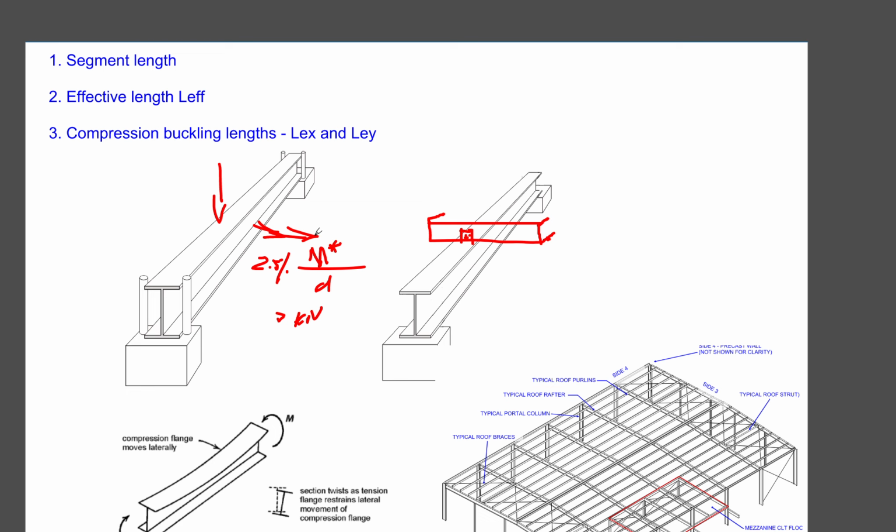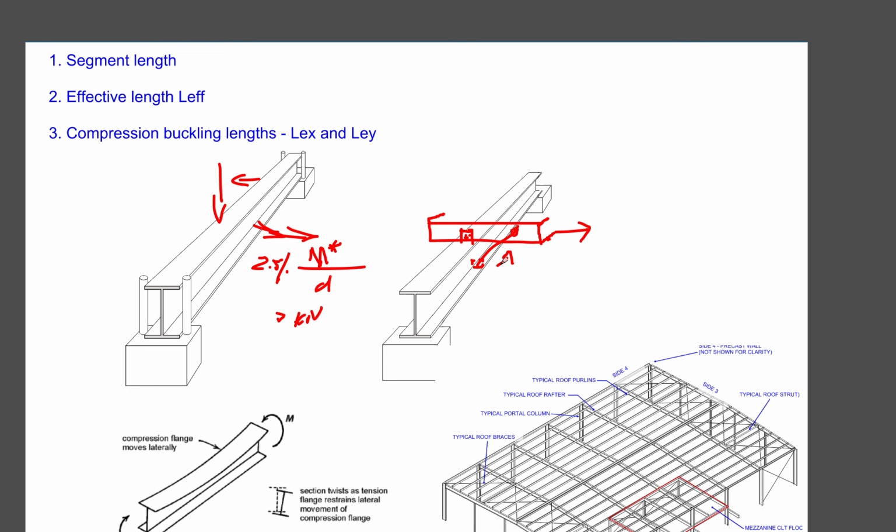This force is going to be resisted because there are coupling forces coming through the top flange and the bottom flange. The bottom flange is trying to go this way, and the top flange goes the other way around. So there's a coupling force, and that force needs to be resisted by your purlins. Normally you have a welded little cleat here, and you weld another angle right there, and bolt it to the top of the purlin. This is a diagonal strut, and they call it a fly brace.